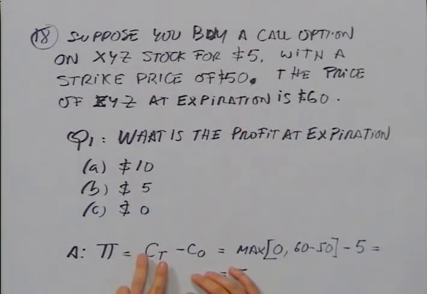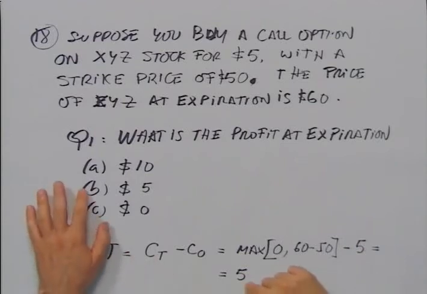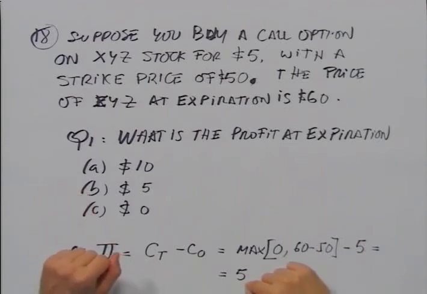The profit at expiration from buying a call is equal to the value of the call at expiration minus the purchase price of that call. The purchase price was 5. The value of the call at expiration is the maximum of 0 or the intrinsic value, which in this case is 10. So 10 minus 5 is 5, and B is the correct answer.